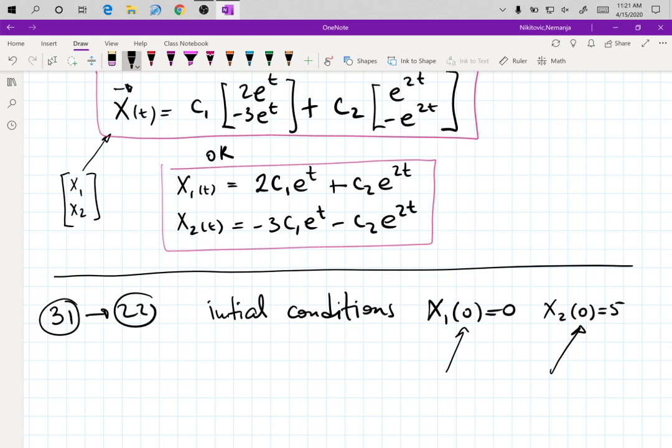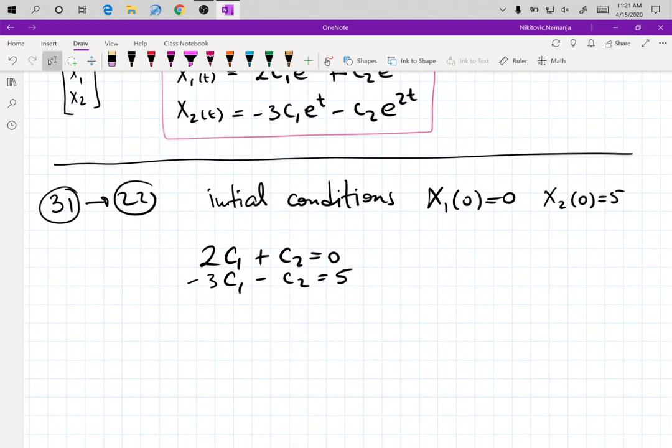Sometimes it's 1, sometimes it's 0, so be careful. We're going to get 2c1 plus c2 equals 0 for x1, and negative 3c1 minus c2 is equal to 5.